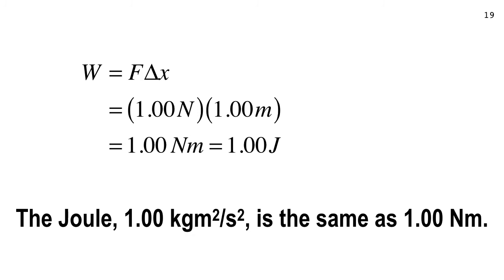Now, if any of you have ever had your own hunting rifle or any kind of firearm and you do your own loading or you buy ammunition, a lot of times they'll rate the ammunition in foot-pounds of kinetic energy. That's the British system, the English system: feet, distance, pound, force.